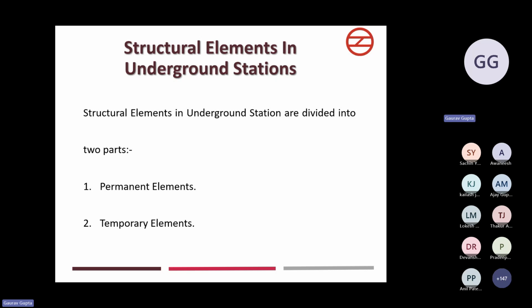Temporary elements are the components in an underground station which are there only to assist the construction, during the construction stage of the project, which I will be telling you in the next slide. These temporary elements will not be there for the whole design life of the structure. These only will be there to aid the construction process.